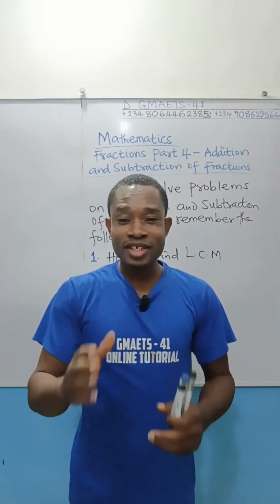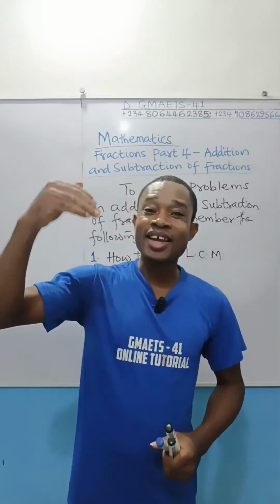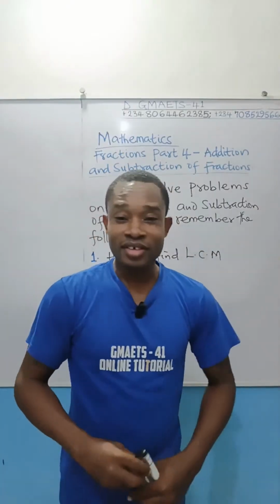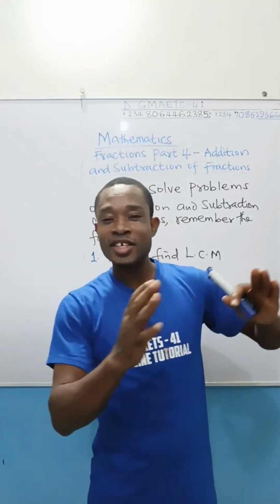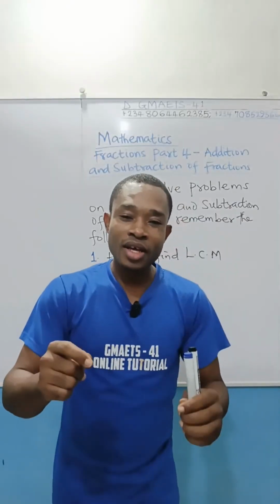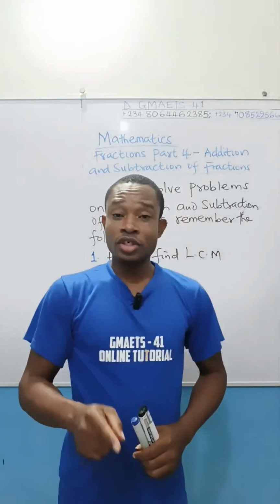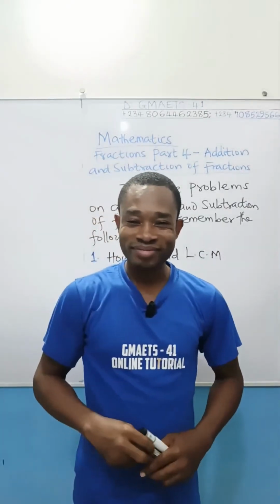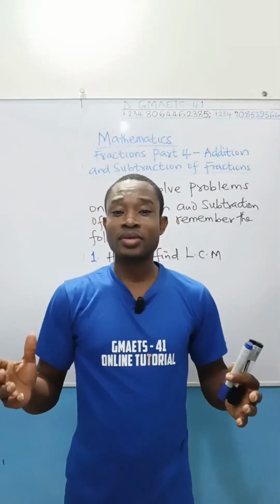And I must say this also, even those in higher class, in senior classes, in university, even if this channel is dedicated to our scholars in basic level, the truth is that even you at higher level, you need this secret as well too. Yeah, you need this secret.